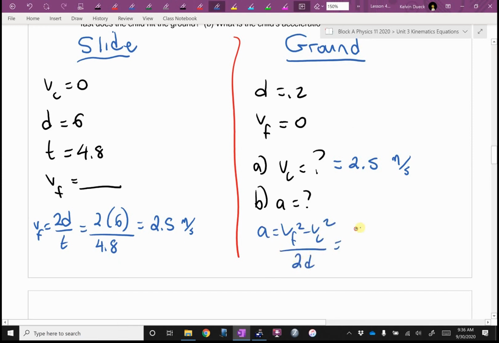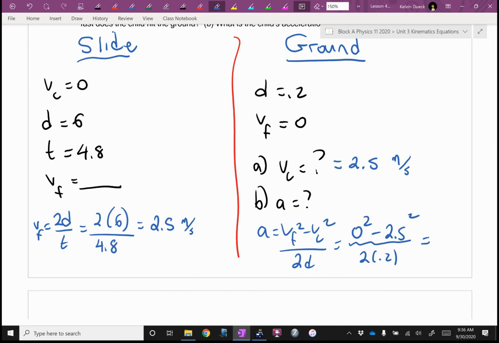So it's going to be 0 squared minus 2.5 squared all over 2 times 0.2. What do you get? I might be able to do that in my head. 25 squared is 625, so 2.5 squared is 6.25. Divided by 2 is 3.125, times 16 point something, I think.